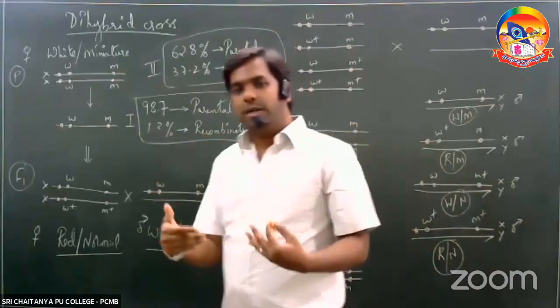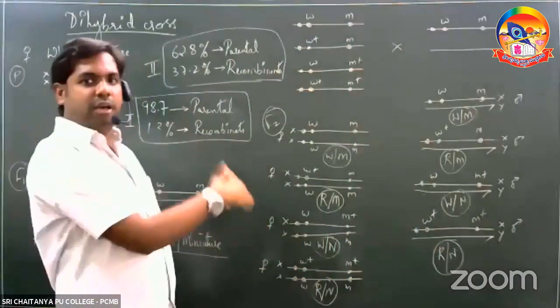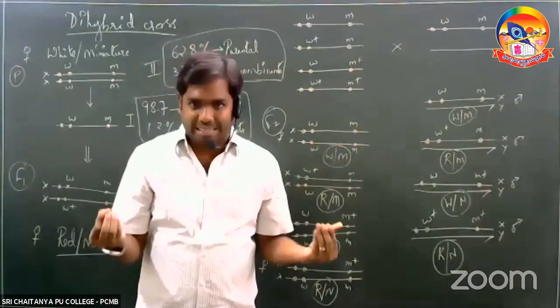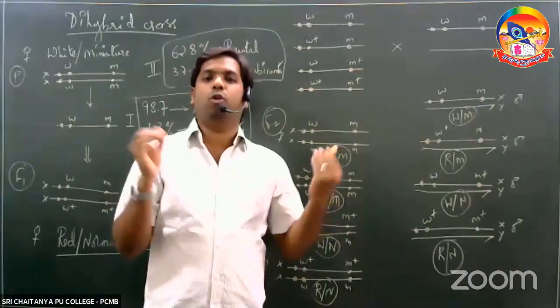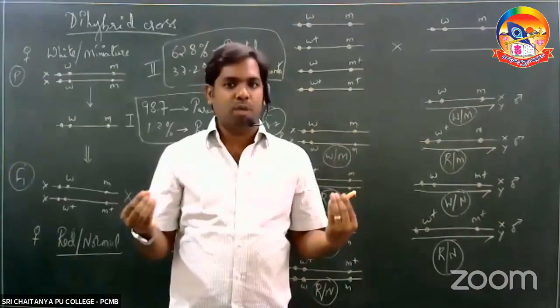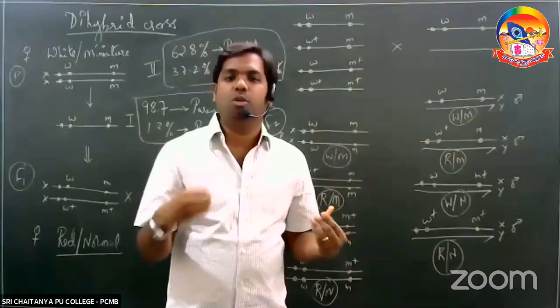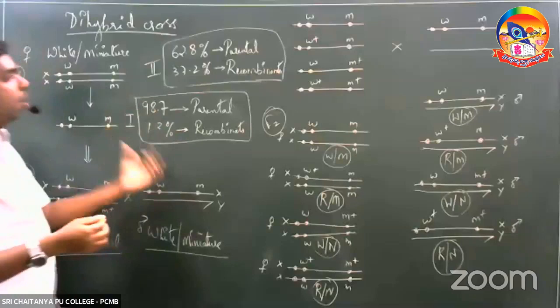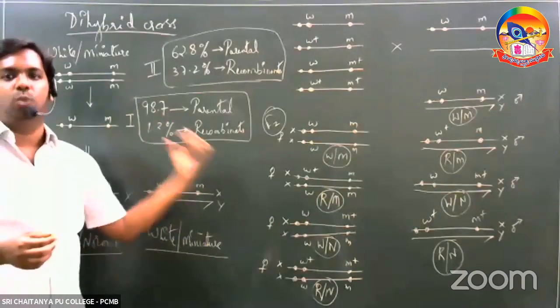So what he concluded after this experiment was that as the distance between the two genes increases, the extent of crossing over or recombination also increases. If the extent of crossing over increases, the number of recombinants obtained in the F2 generation would be more.